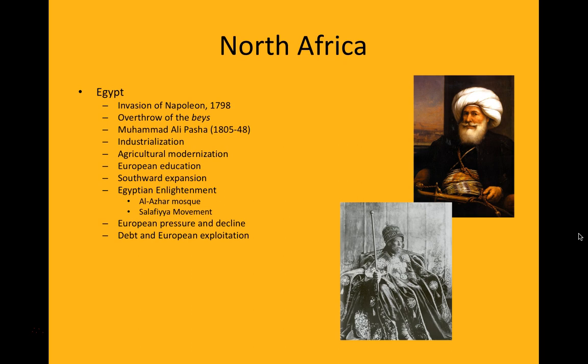And again, some of this is rejecting the westernization that Muhammad Ali Pasha was trying to introduce into Egypt. The center point, really the locus of the Egyptian Enlightenment, was the Al-Azhar Mosque in Cairo, which was already an institution of the highest standing within Islamic scholarly circles. But it became the locus for moving in new directions.